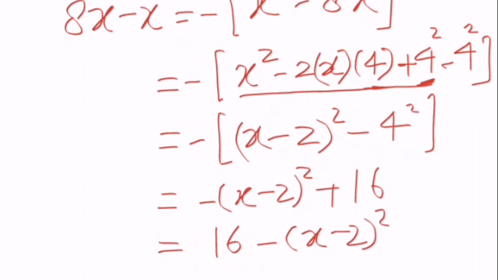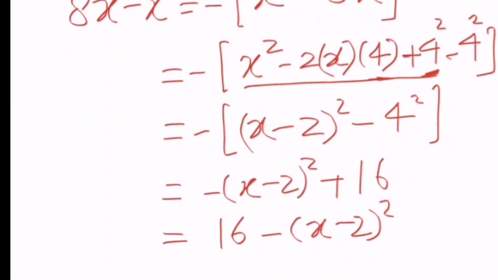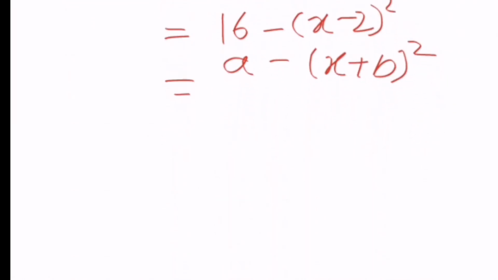What do we have now? If we compare it with the form we had to convert it into, the form stated in the question, express it as a minus (x plus b) whole squared. So we write that here for comparison. Comparing the two forms, we can specify the value of a, which is 16.